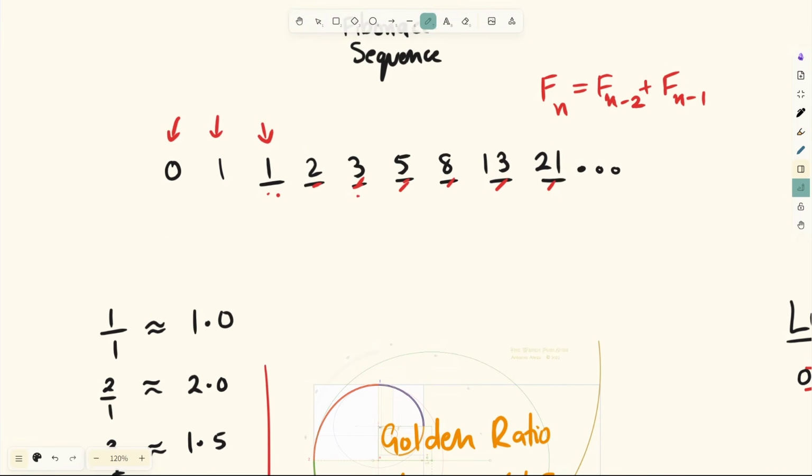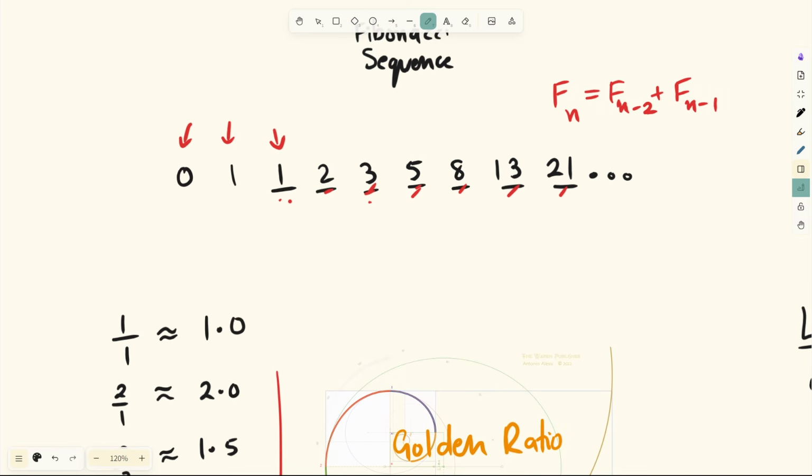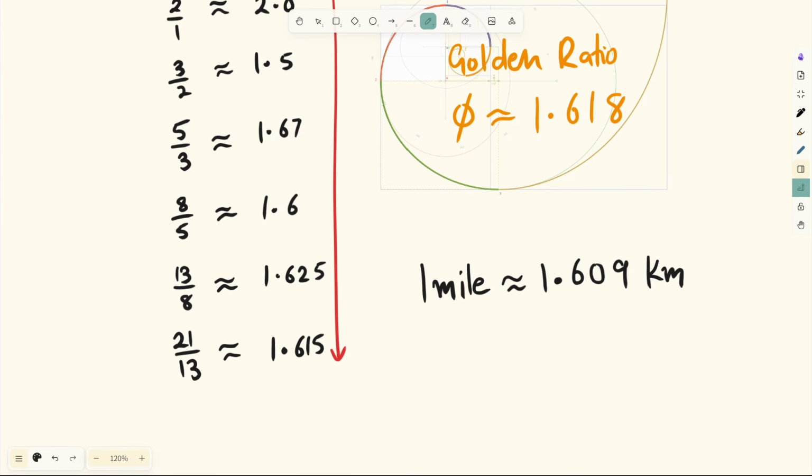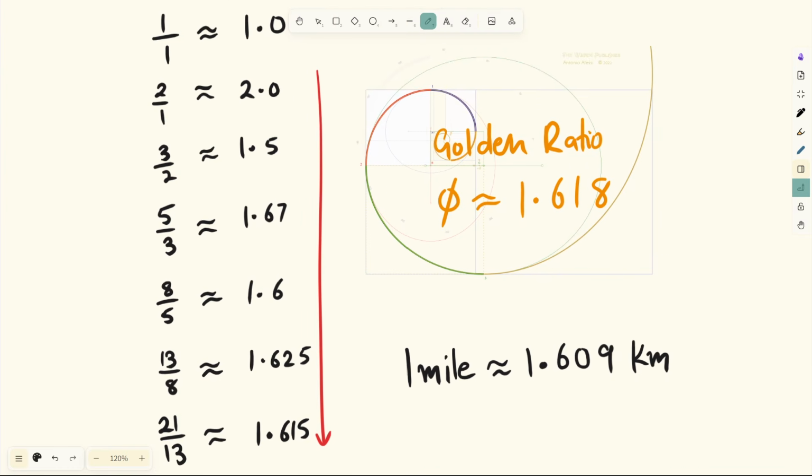that builds this. And if you take the ratio of these numbers, right? So, for example, you take 1 divided by 1, or 2 divided by 1, or 3 divided by 2, or 5 divided by 3, you would notice that this ratio approaches a mathematical constant, which is famously known as the golden ratio, written as phi, and it happens to be really close to the conversion factor between the mile and the kilometer, right?